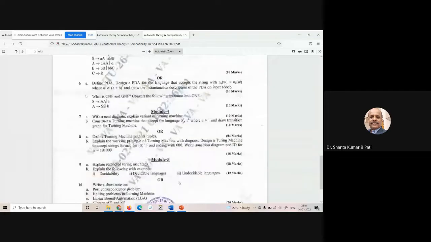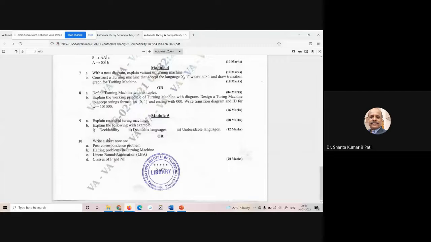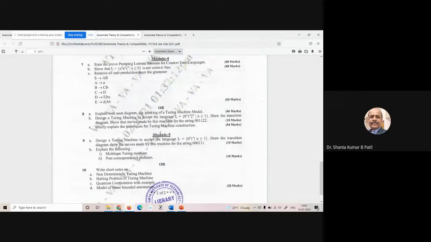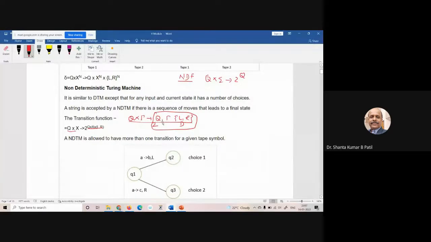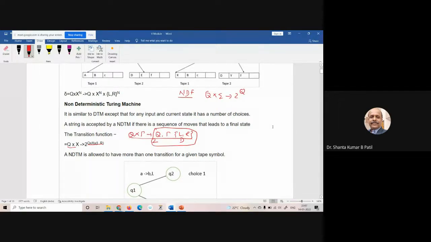So just write the power. Non-deterministic Turing machine, somewhere I find it. I found it. You can find it here. So non-deterministic Turing machine is one. See here, in the case of the deterministic Turing machine, Q has only one output. Q reads tau, and it is going to take you to Q, tau, and the direction, left or right side.